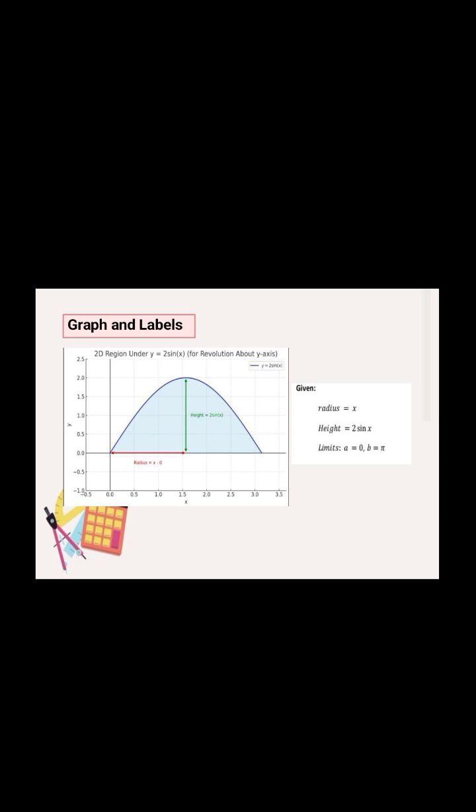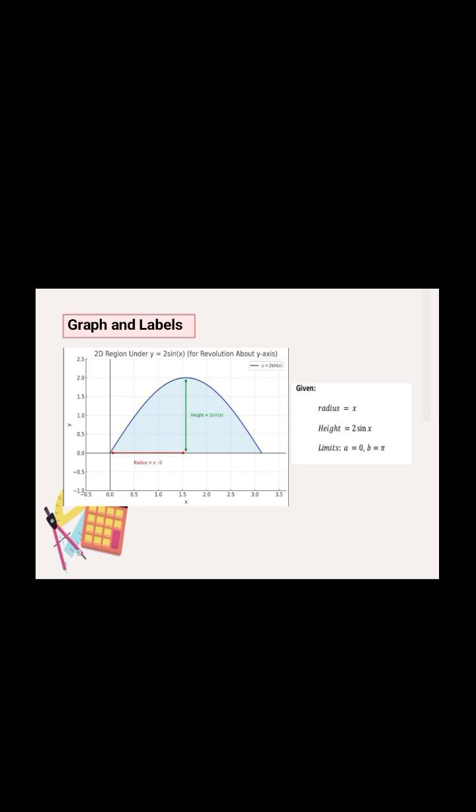So the general formula for the shell method is V equals 2 pi integral of radius times height evaluated from a to b. In our case, the radius of the typical shell is the distance from the y-axis, which is x.